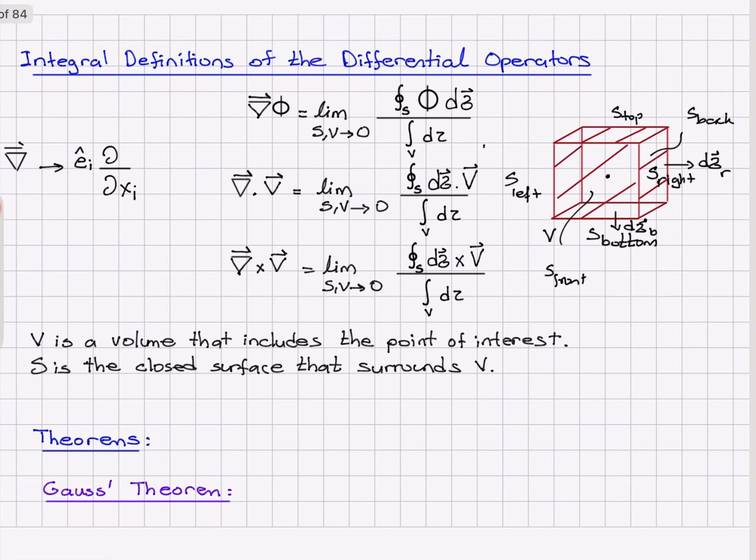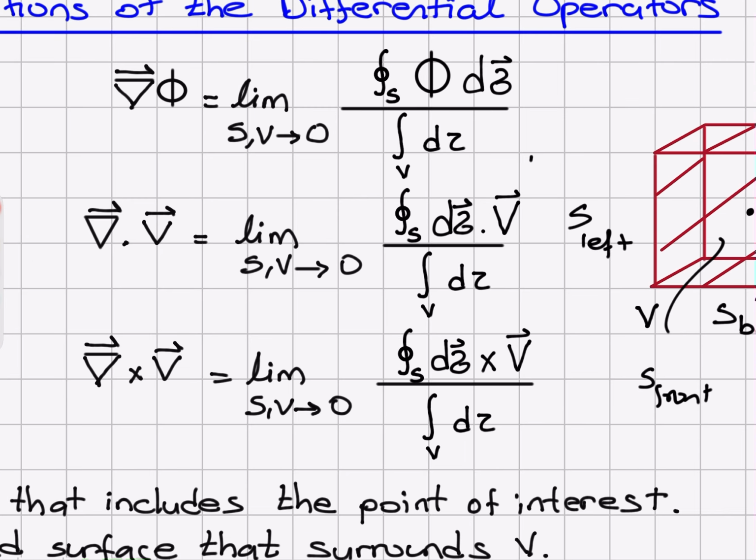So we have to remember the integral definition of divergence, limit as S and V go to 0, closed surface integral d sigma dot v divided by the volume integral d tau.